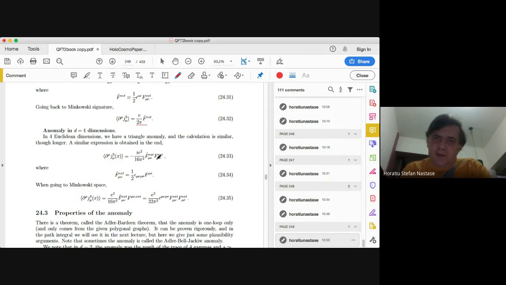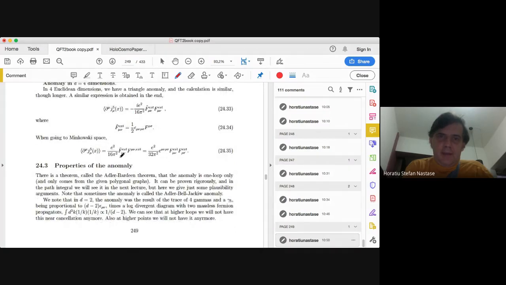So the combination is epsilon mu nu rho sigma, f mu nu, f rho sigma, and then some 2's and pi's and i's and minus. Yeah, so in Minkowski space, this is what you get. The anomaly is proportional to e squared epsilon mu nu rho sigma, f mu nu, f rho sigma.